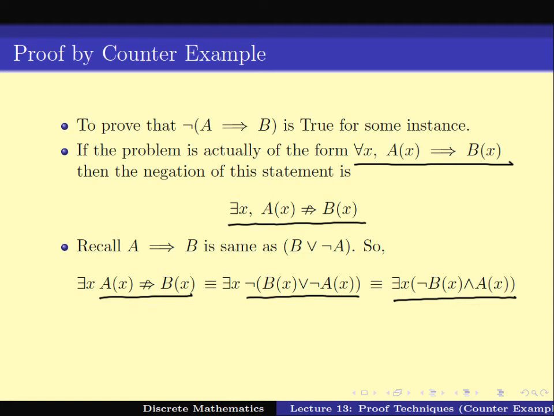So in other words, you have to produce an x such that bx does not hold but ax holds.